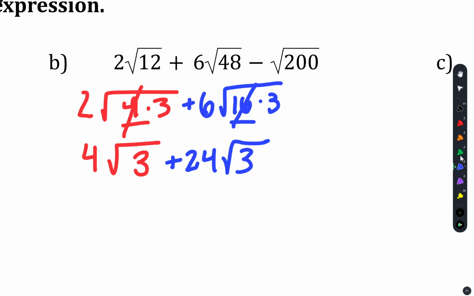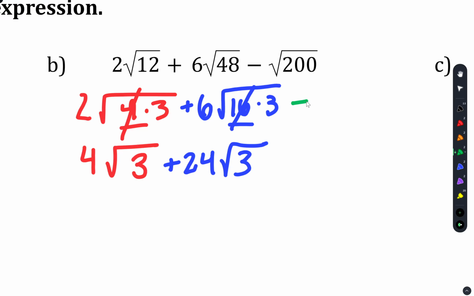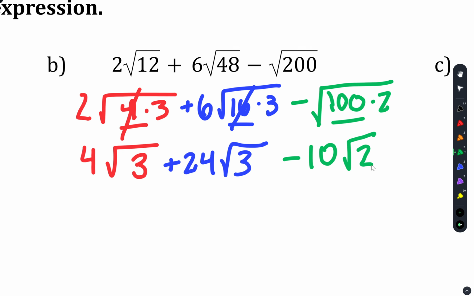And then what about this 200? What's that break into? Perfect square. Lovely. 100 is my perfect square. I can square root it. It becomes 10. It goes to the outside. And I got a 2. Okay. So now everything's fully simplified.